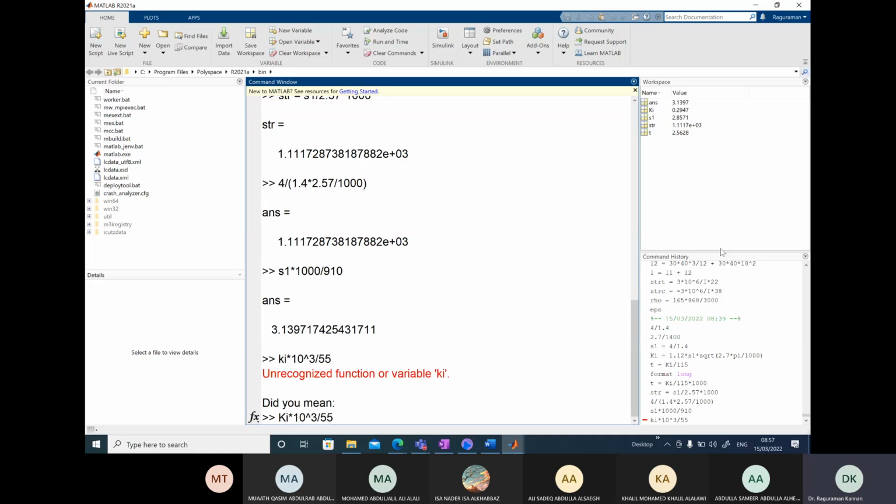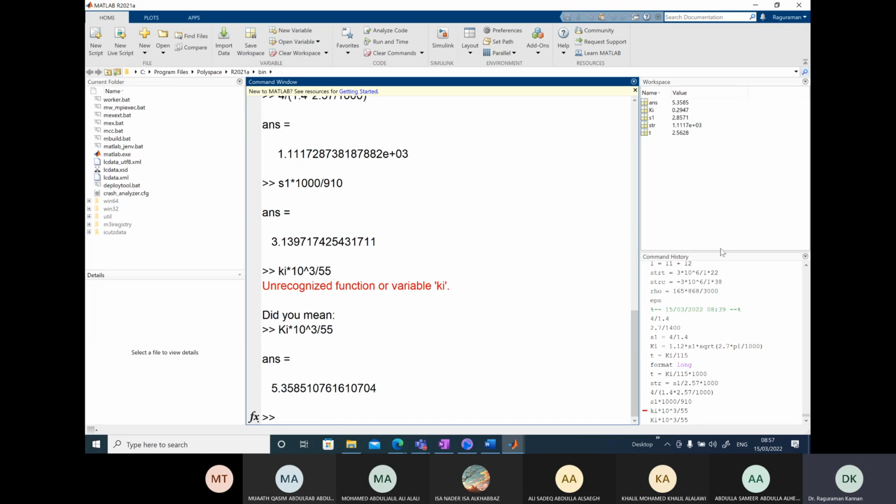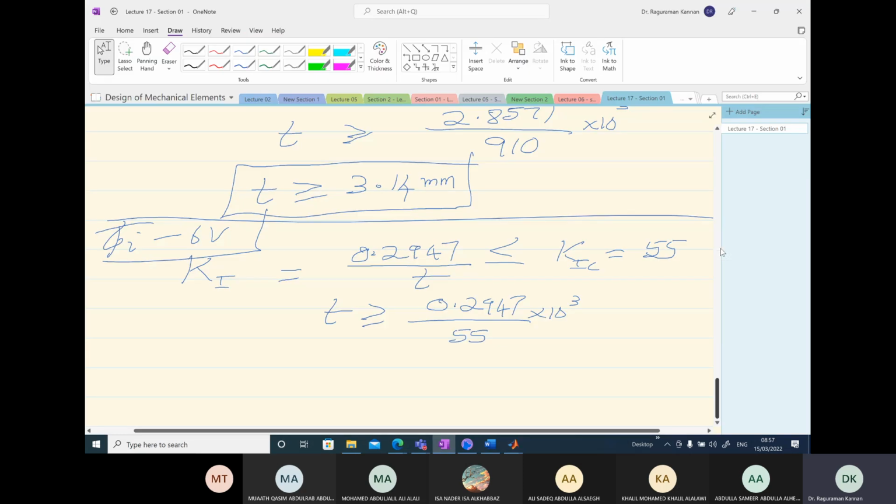Okay, we have to use capital KI, so 5.36 millimeters. Now this value is pretty higher than this value, so the best option is to go with this thickness.